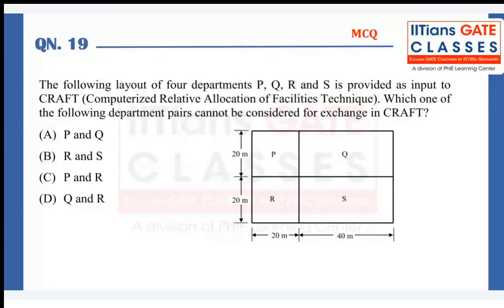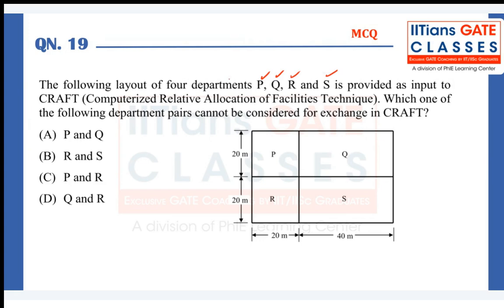Right. Now, four departments P, Q, R, S are given. The CRAFT technique, computerized relative allocation of facility technique, is used during manufacturing for allocation of resources.